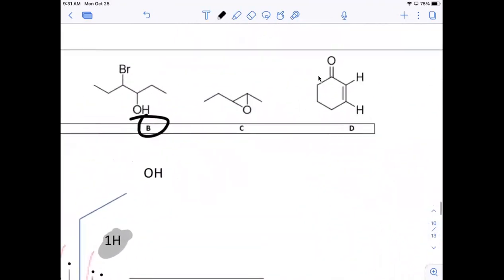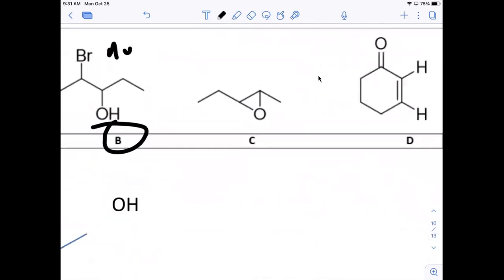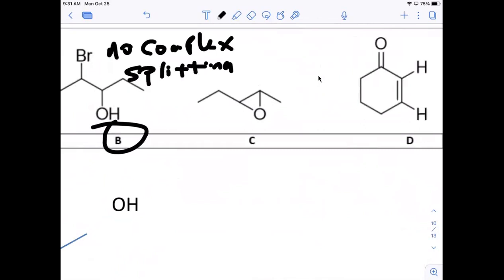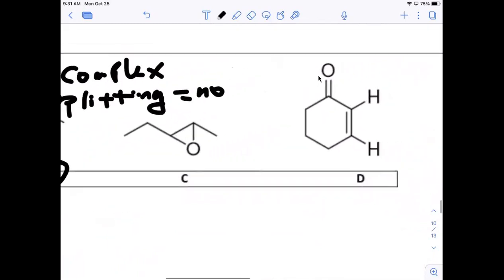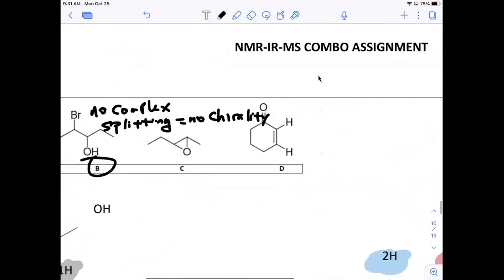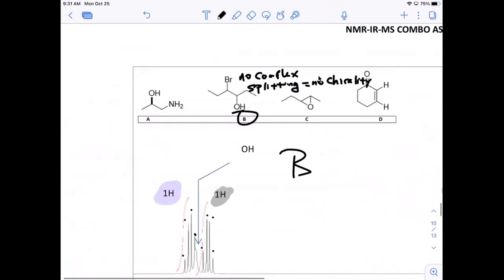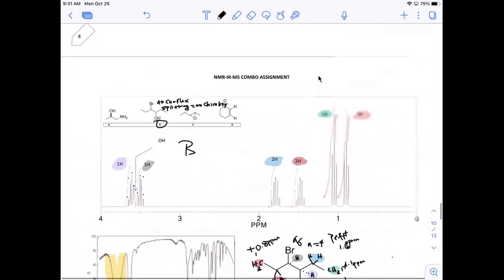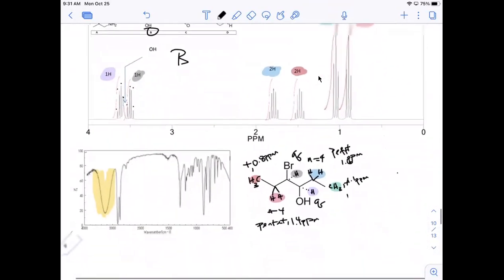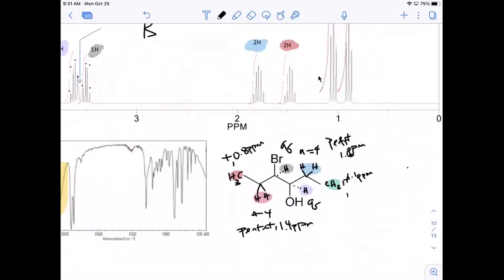All right, so I'm gonna write that in for here. No chirality for that. So we know that this is the spectrum for B. And we didn't put that in.